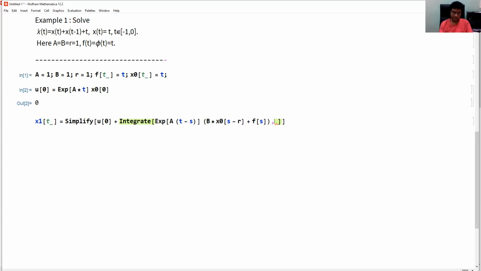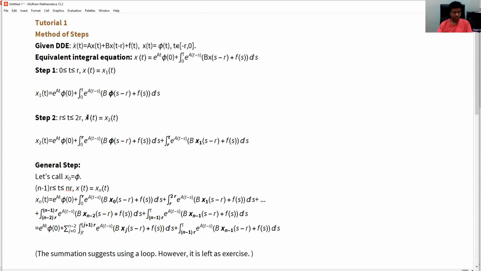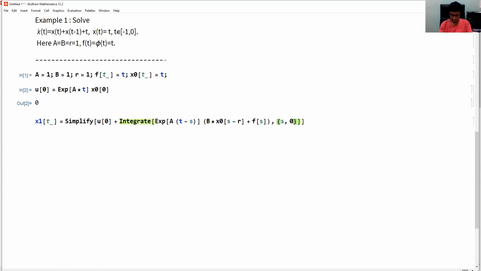Now I'm putting limits. The integration variable is s and the limits are 0 and t. That's all. Let us run this.